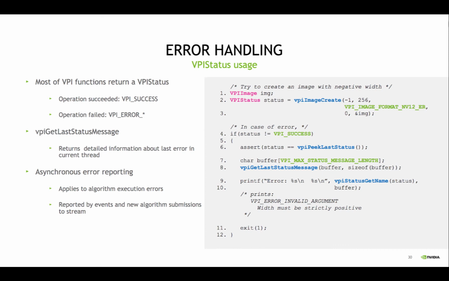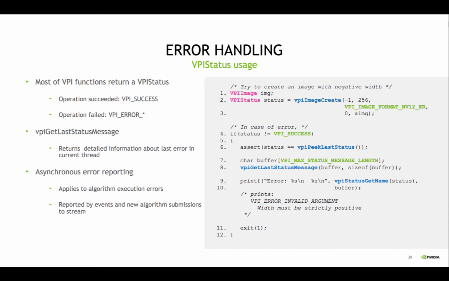On the other hand, VPI peek last status will just return the associated status and not reset it. Errors on algorithms that are executed asynchronously are only passed to the application when the stream or the event sync function is called, or when a new task is submitted to the stream. Each stream has its own error state. This state is reset when the error is transferred to the host calling thread.